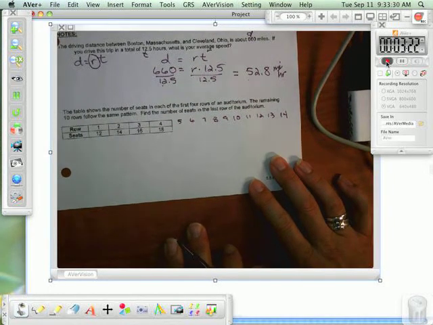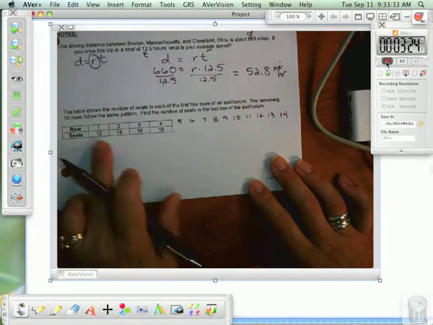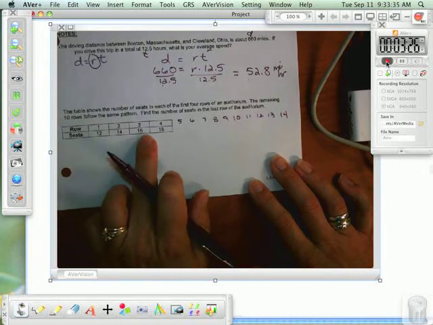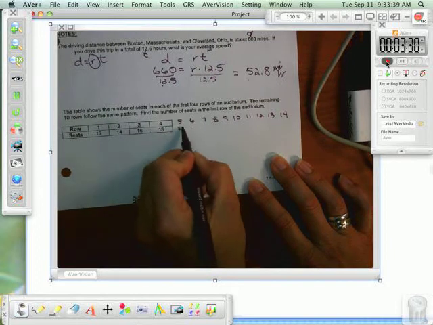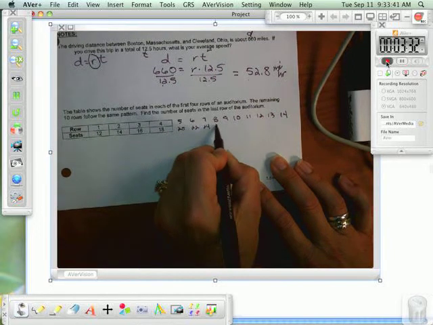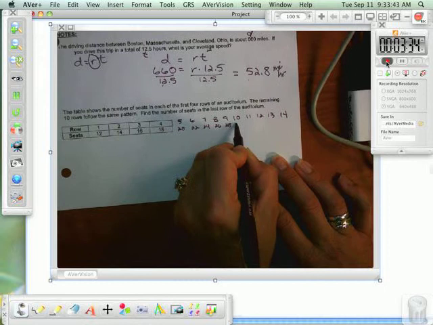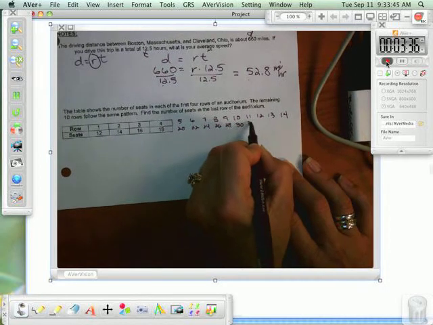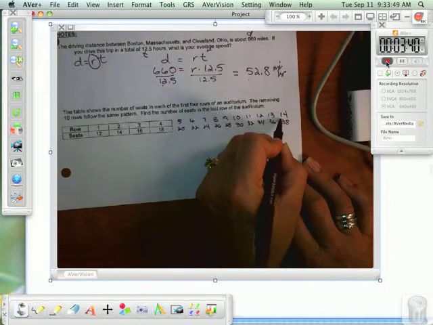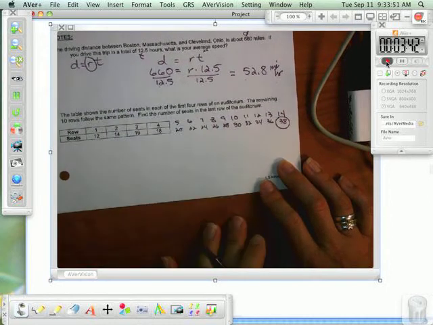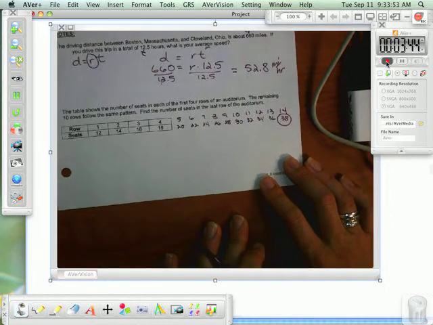So I got to add 10 rows. What's going on here from row to row? How many seats are being added? 2. So just 20, 22, 24. This is a long way of doing it, but it's fine. Okay, so that means I should have how many seats in the 14th row? 10 rows later, I should have how many seats?